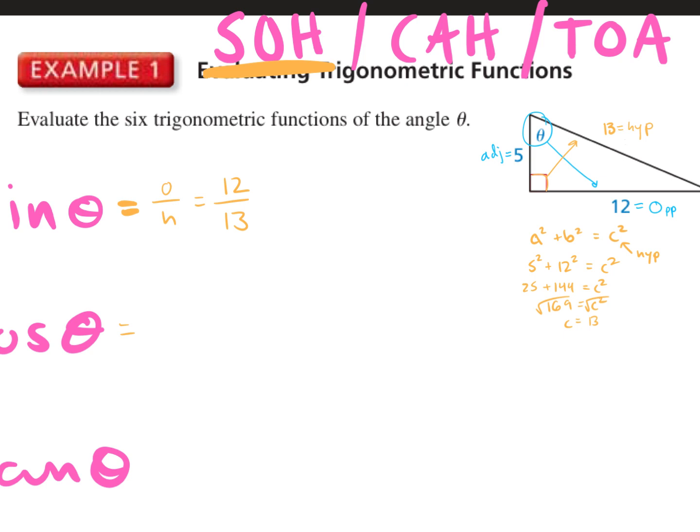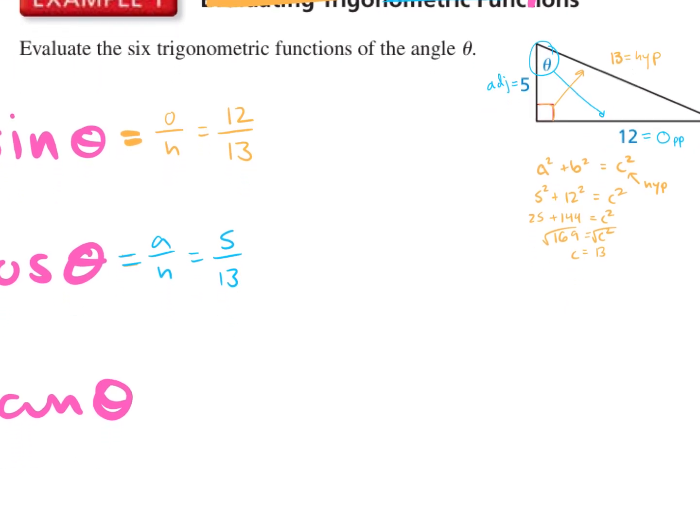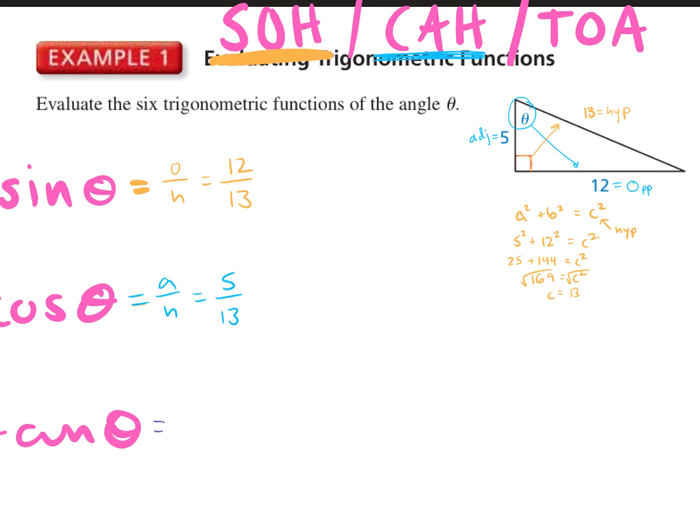Cosine is what over what? Adjacent over hypotenuse. So what's our adjacent? 5. And what's our hypotenuse? 13. Perfect. So 5 over 13. And tangent is what over what? Opposite over adjacent. Opposite is 12 and adjacent is 5. Awesome.